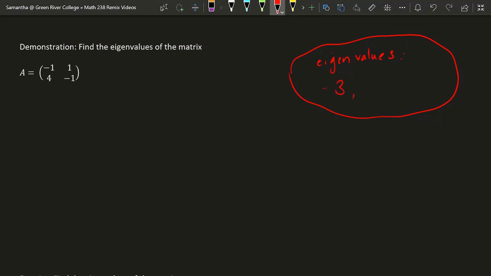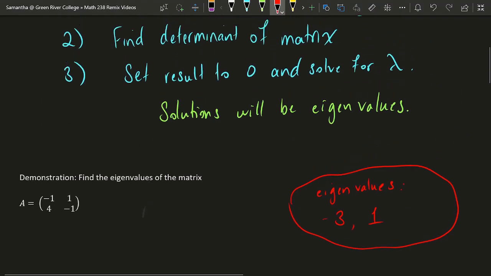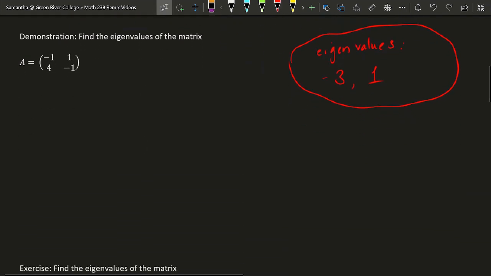We were able to multiply a vector by this matrix, and the result was -3 times what we started with. In the previous video, we also saw that the number 1 was an eigenvalue. There was a special vector out there so that when we multiplied that vector by this matrix A, the result was 1 times what we started with. Now let's see how the procedure described above can give us another way to find these particular values.